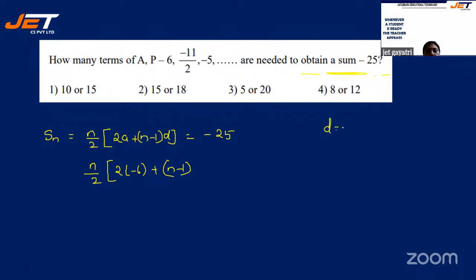So d is equal to minus 11 by 2 minus of minus 6.